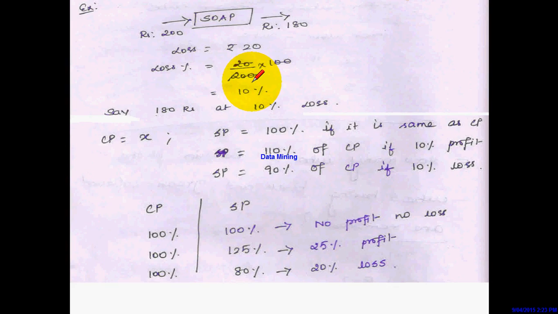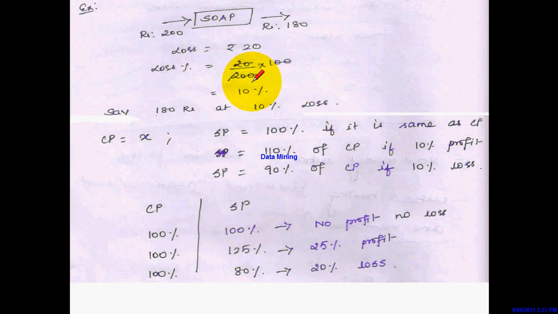What the hint is, see, in a particular problem, say the cost price is not given, so assume the cost price as X. And they'll give a clue like the selling price is the same as the cost price. In such a case, I can assume my cost price as 100.